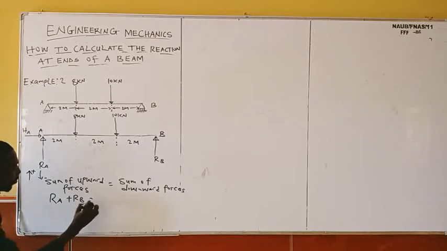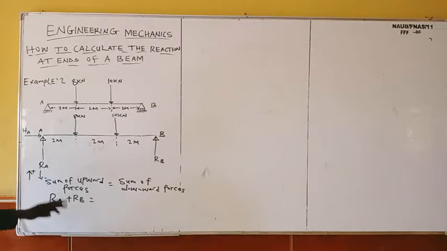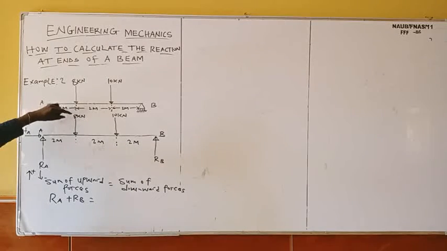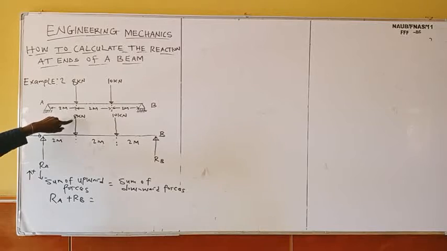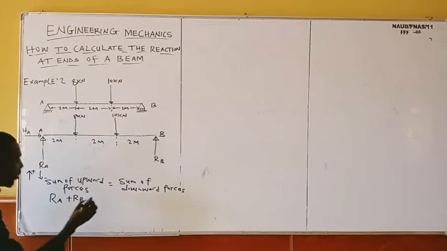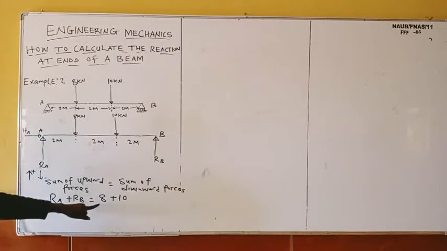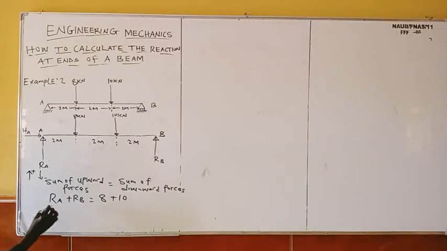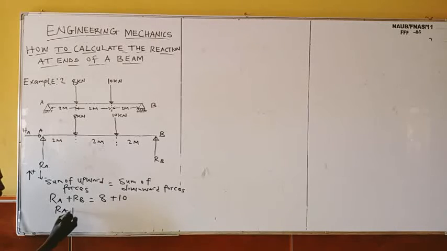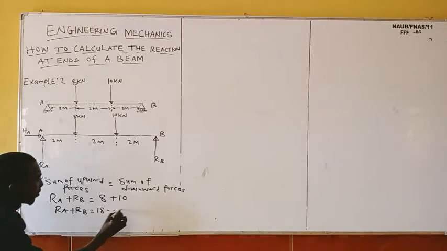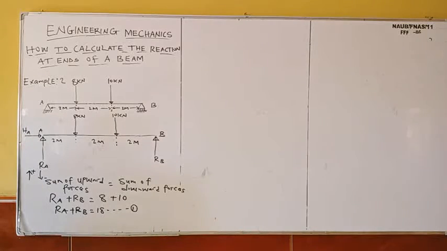Arrow B will be equals to what? Sum of downward forces. And our downward forces are what? 8 kilonewton and what? 10 kilonewton. So it means 8 plus 10. Do you get that? And 8 plus 10 is what? 18. So it means arrow A plus arrow B is equals to 18. Equation what? 1.